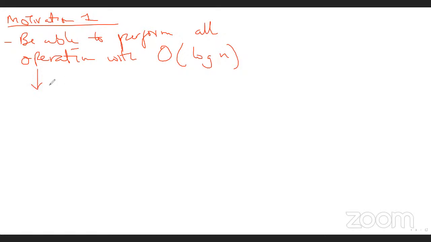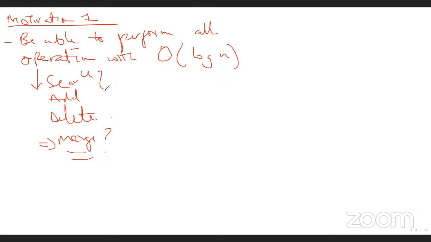When I say operation here, I'm talking about searching for some item, adding some item, deleting some item. We'd actually also want to be able to merge. If we had 2 trees, we'd want to merge with O log of n. We'll see that later. But for now, for searching for an item, adding an item, deleting an item, we'd want to be able to perform these operations with big O log of n. That's our motivation for doing a balanced tree.